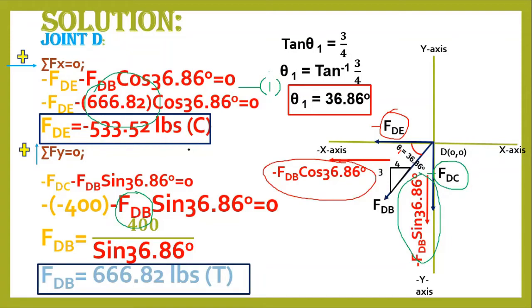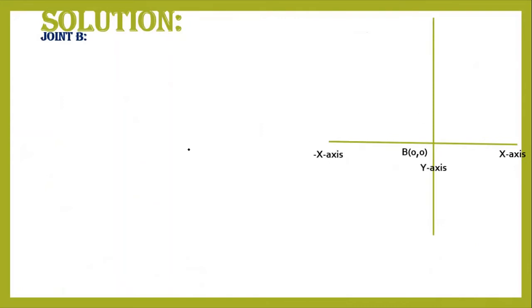Now I am moving towards the next slide, and we have already calculated 4 forces. This is joint B. The solution is continued, and we are going to make a free body diagram at joint B. You can see the negative x-axis, positive x-axis, positive y-axis, negative y-axis.